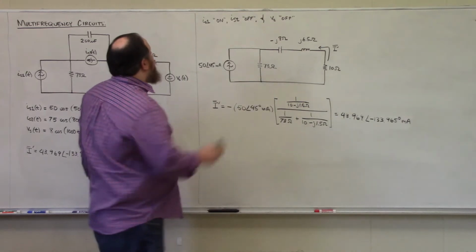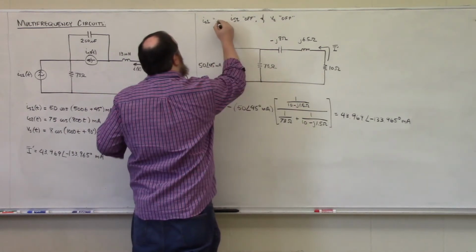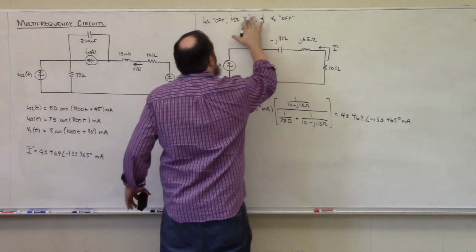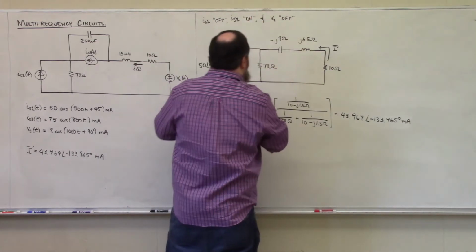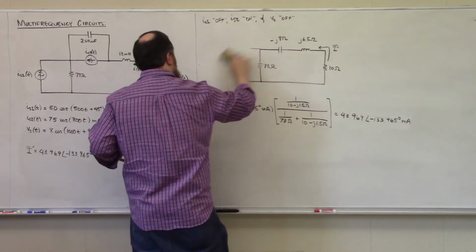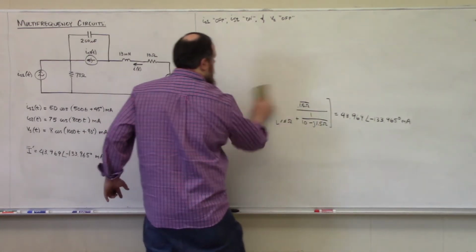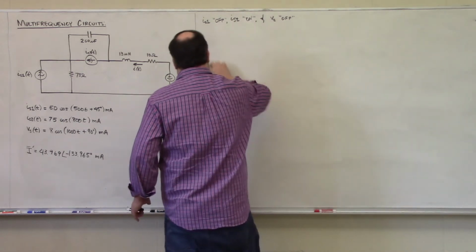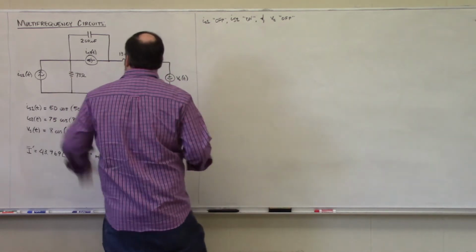Now we're going to rework the circuit with IS1 off, IS2 will be on, and VS will be off. So with this current source off, that's just going to leave an open circuit.